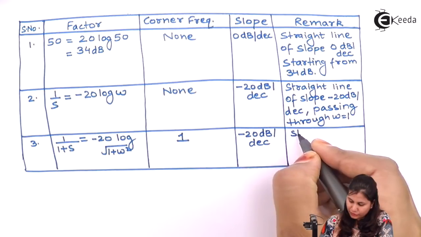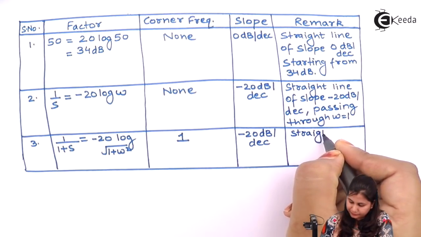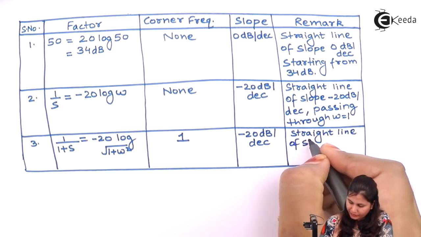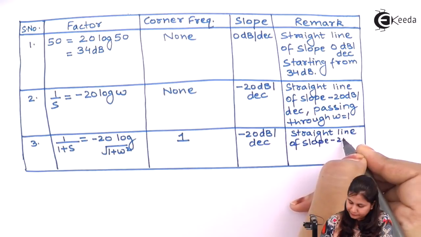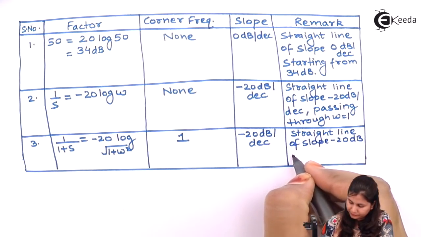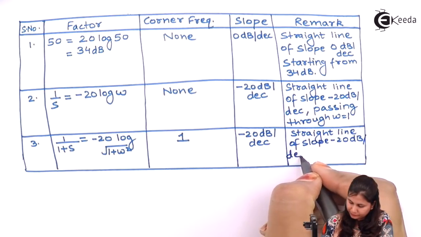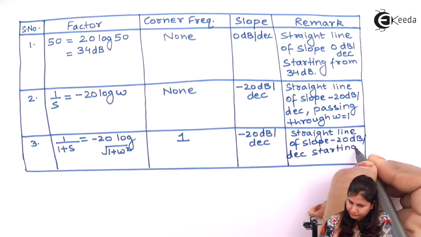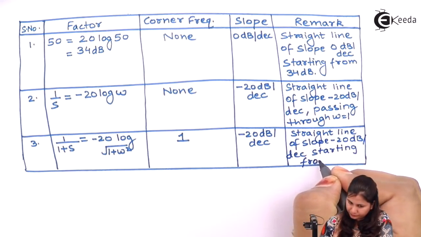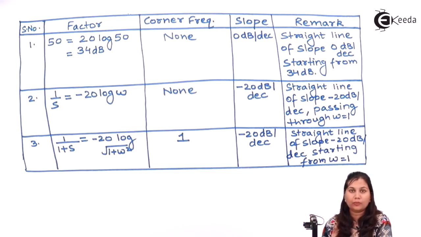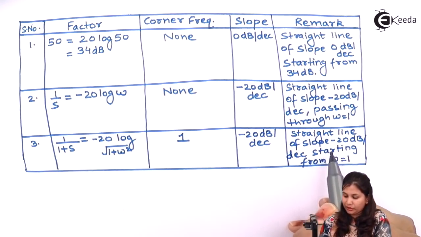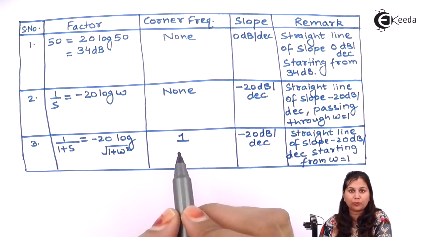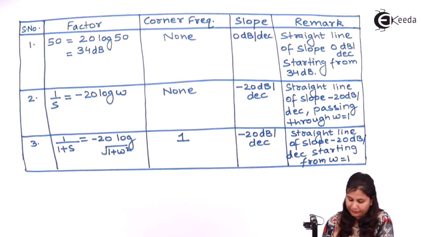This will also be a straight line of slope minus 20 dBs per decade, starting from omega equals to 1. It will start from the corner frequency point. So corner frequency is omega equals to 1, so it will start from that point.